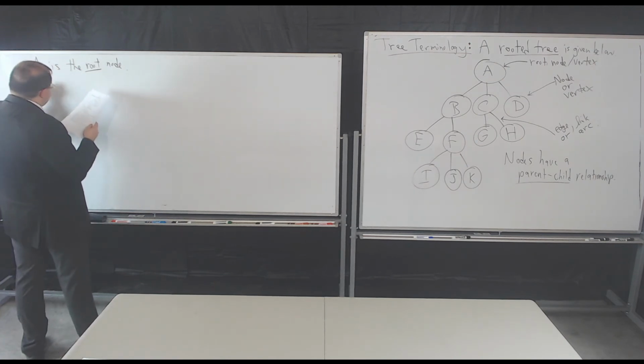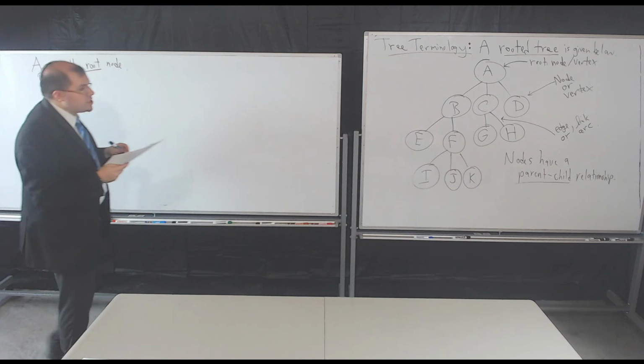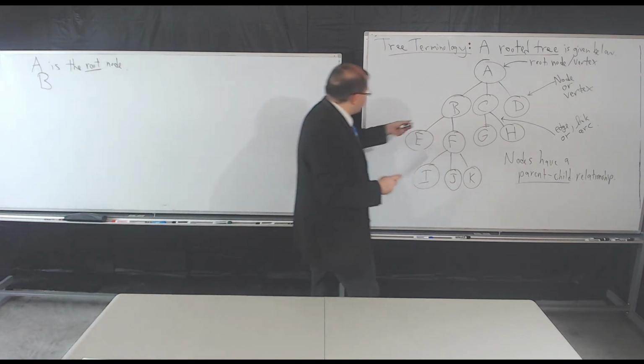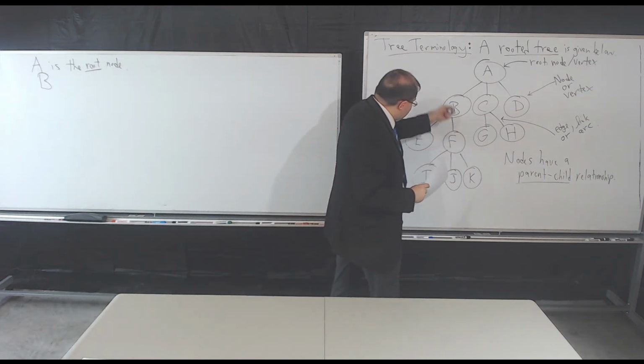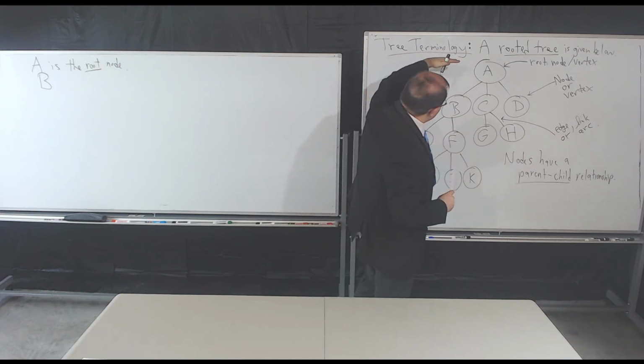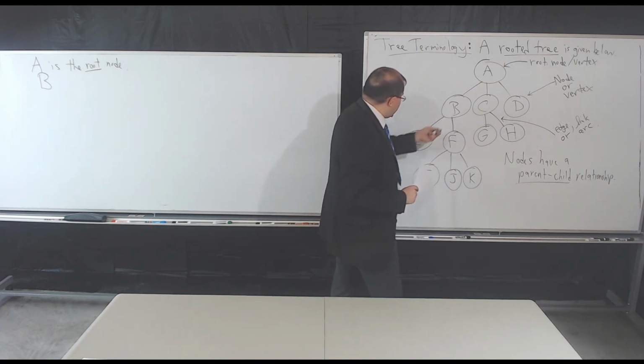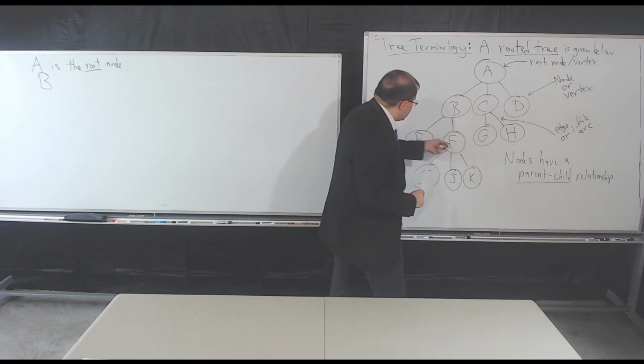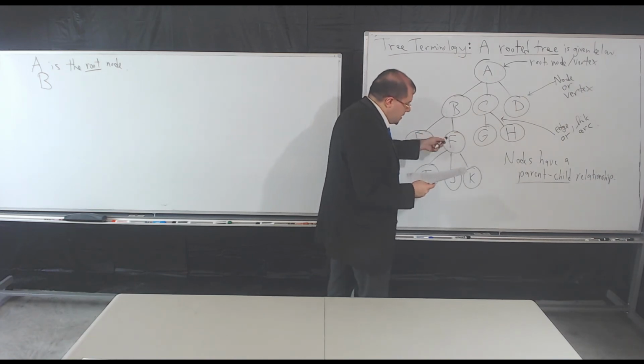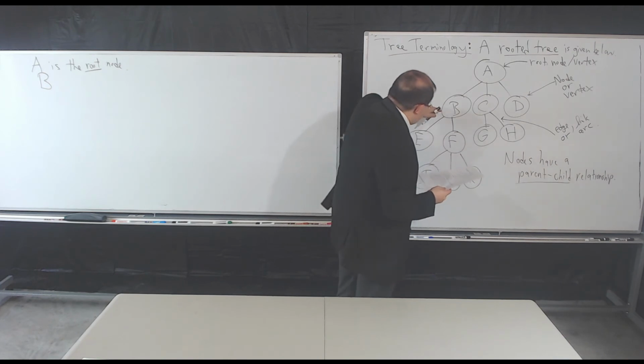Okay, how about B? Now I want you to look at this node here and the ones below it. So you have to look at it as the root and everything splays away from the root. If B's here and there are these two below it, these are called the children of B.